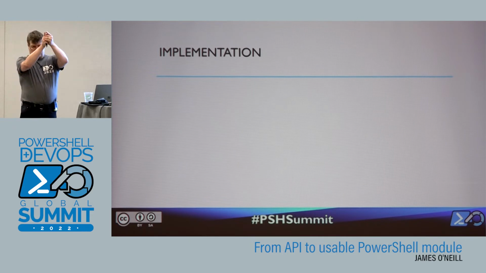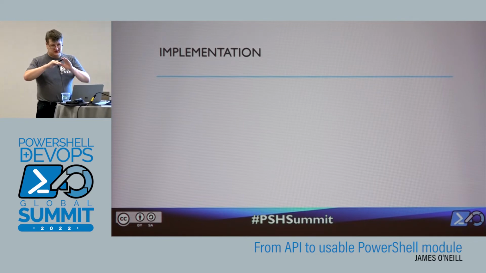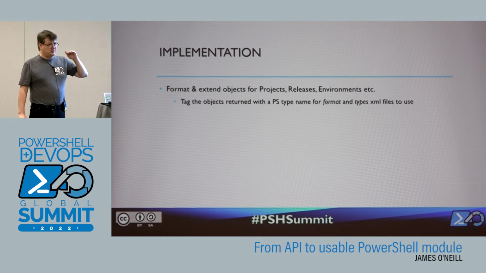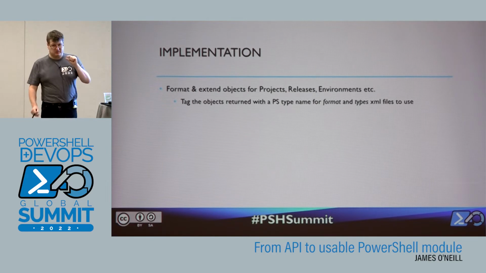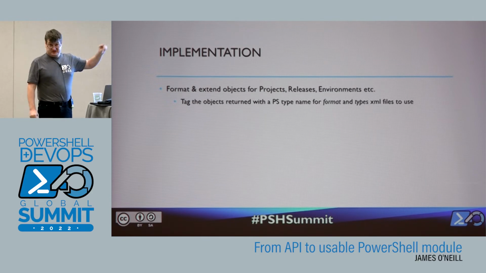Who was in the last session over the way on Crescendo? Okay. So one of the things from Crescendo was you saw things came back as PS custom objects, yeah? When the stuff got parsed. Well, that's exactly what goes on in Invoke-RestMethod. You get back a PS custom object. So the smart thing to do is to say, I got back a PS custom object from something, and I know that returns, in Octopus's case, environments or projects or tasks.